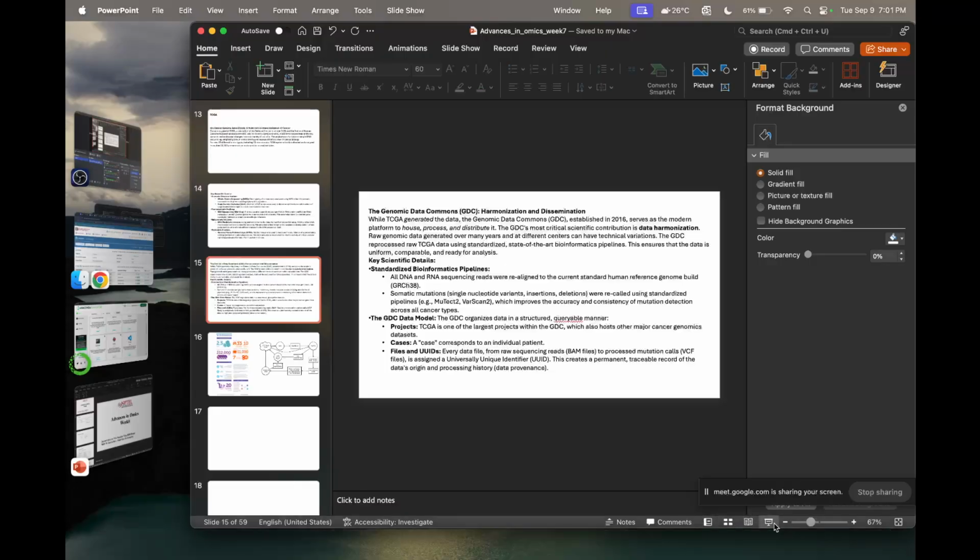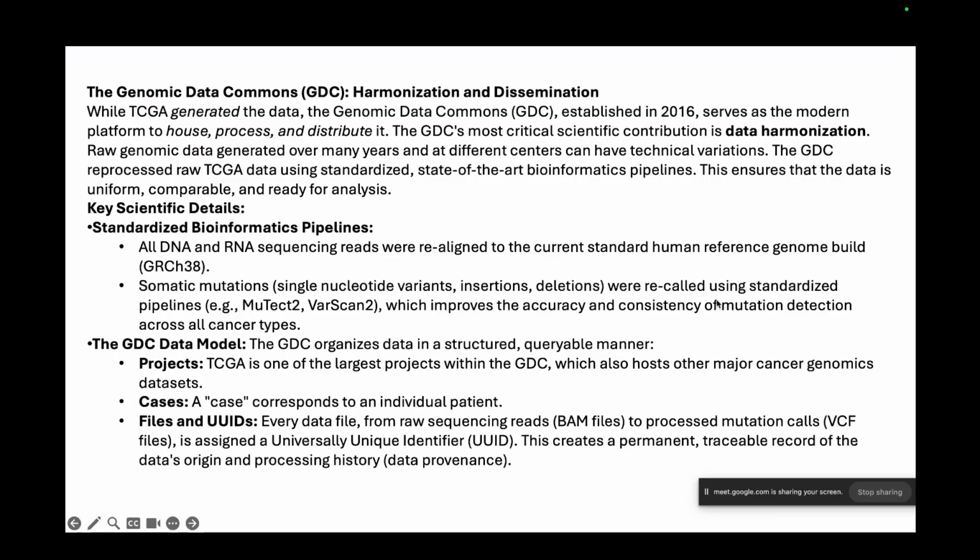The GDC is a data commons portal established in 2016, and it takes all the data and puts it in its database, and it can give you raw genomic data generated over many years at different centers, right?